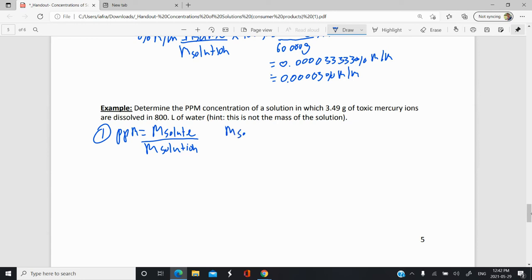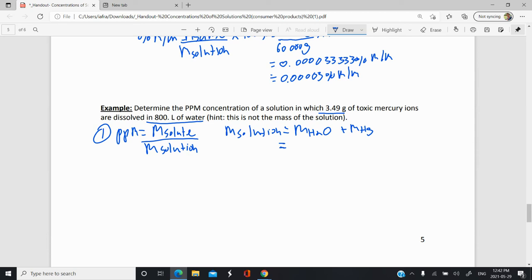The mass of the solution, don't forget, is the mass of the mercury plus the mass of the water. So it has to be mass of water plus mass of mercury. Now, since it's such a tiny amount, it won't make much of a difference in our calculation, but it's still important to note that.